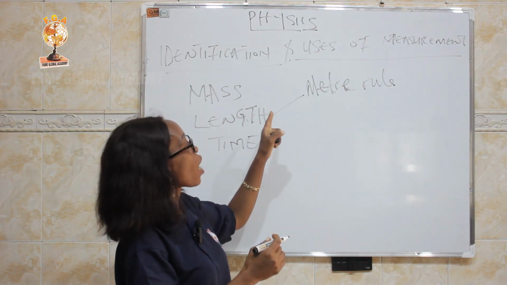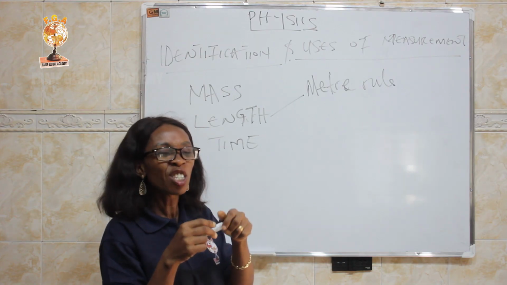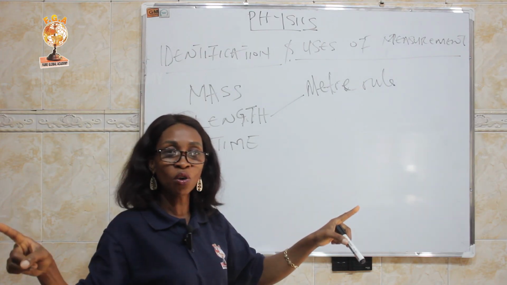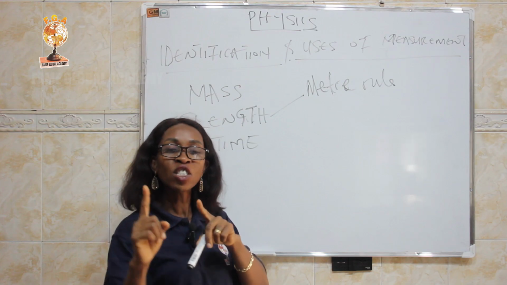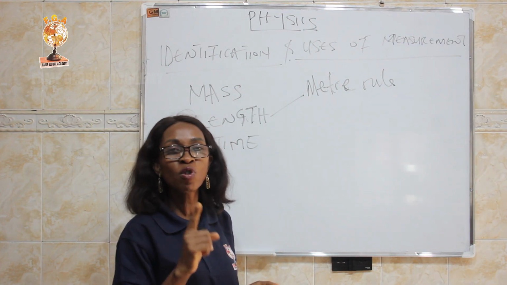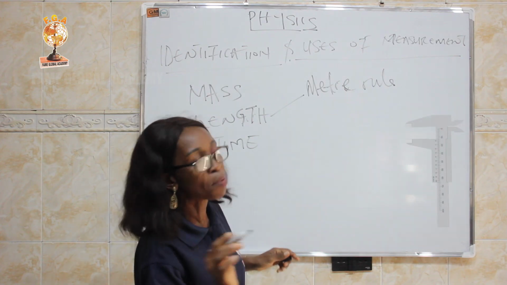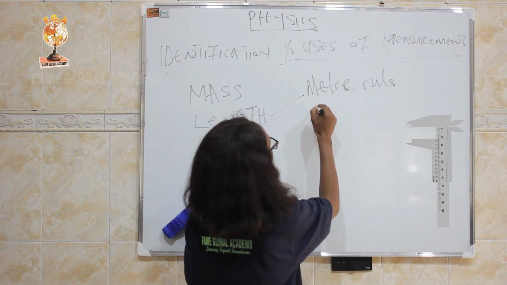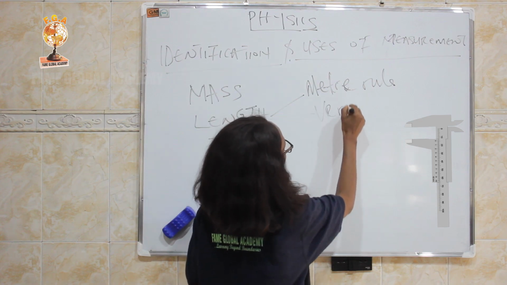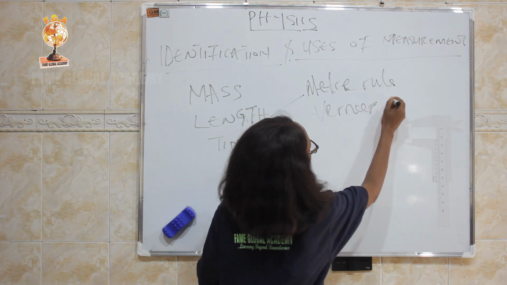And then we have another instrument to measure length, like I was saying, for an object that is not straight in nature. I want to measure the length of a tube, for instance. I will not use a meter rule. I have to use another instrument called the vernier caliper. Sorry, it's V-E-R-N-I-E-R, vernier caliper.